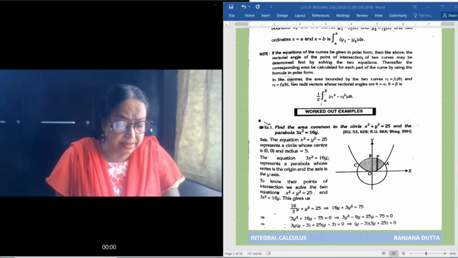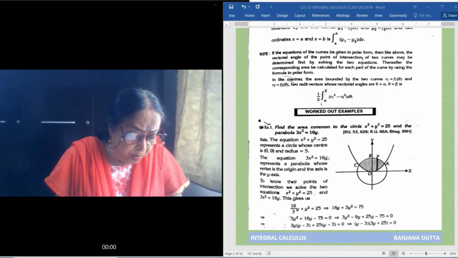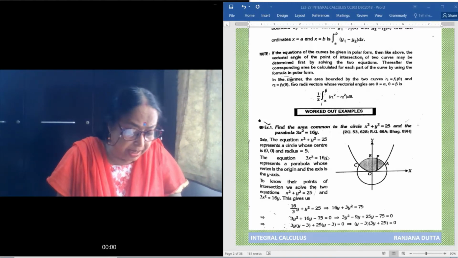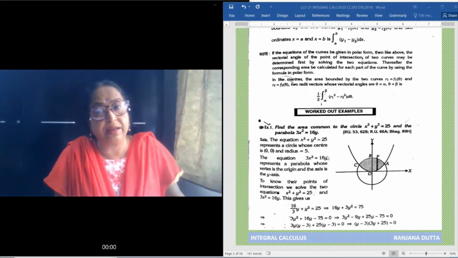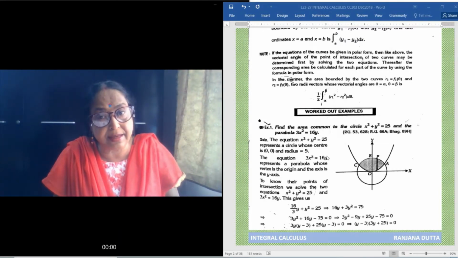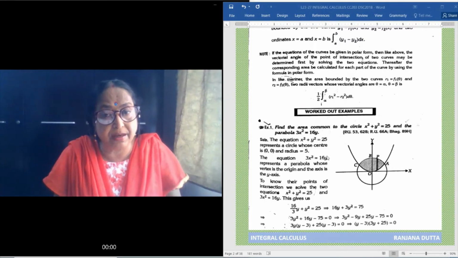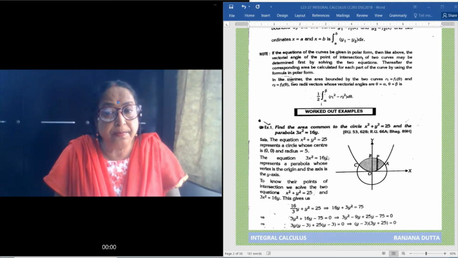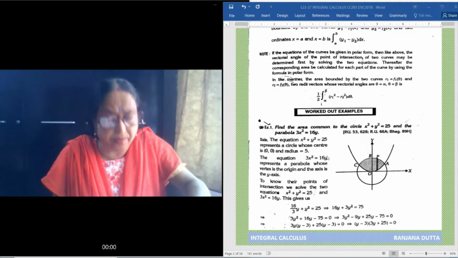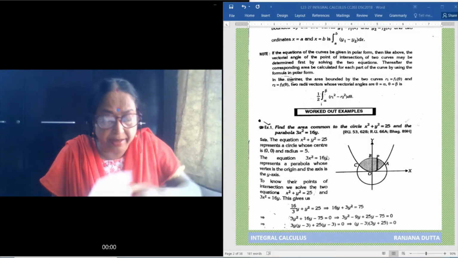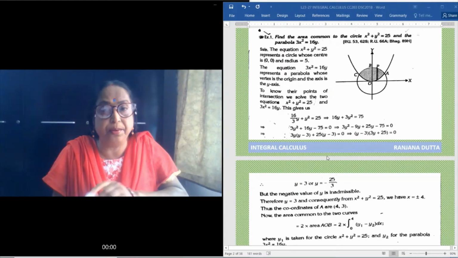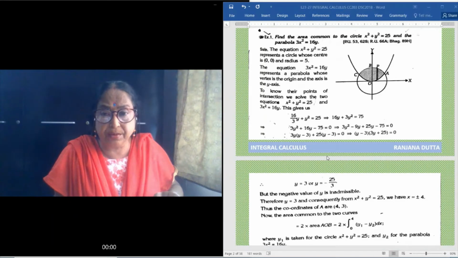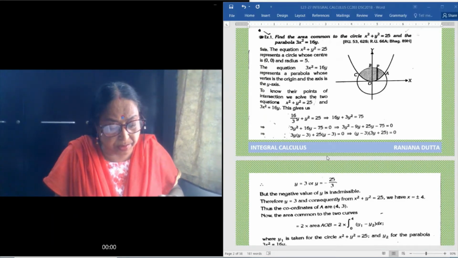OAB, the area on one side, and OCB, the area on the other side, are the same, so they are symmetrical about the y-axis. So this area will be 2 times the integral of (y1 minus y2) dx. How do we calculate y1 minus y2?